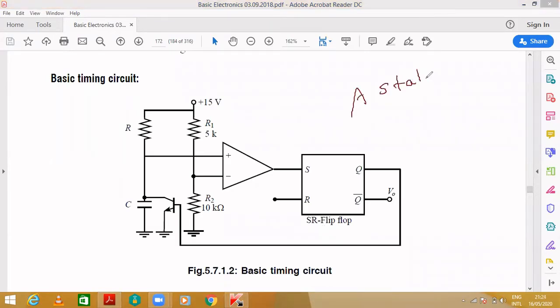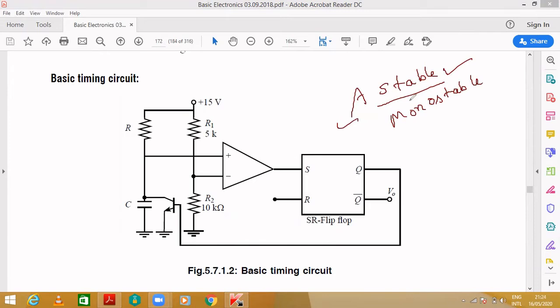Astable, and another one is monostable. For your syllabus, you will be going to study the astable multivibrator. So in order to go through the astable multivibrator in detail, first you have to get to know how the basic timing circuit operates.